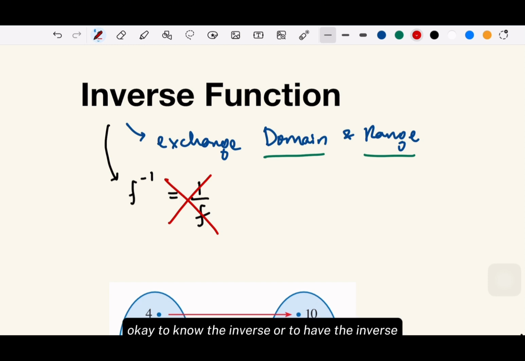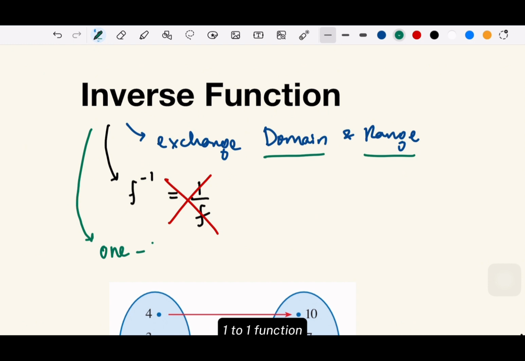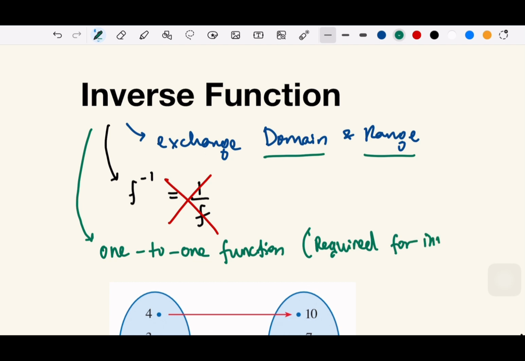Okay. To have the inverse, or to make sure that the function has an inverse, one way to do it is to make sure the function is a 1-to-1 function. Okay. So that is required for inverse.